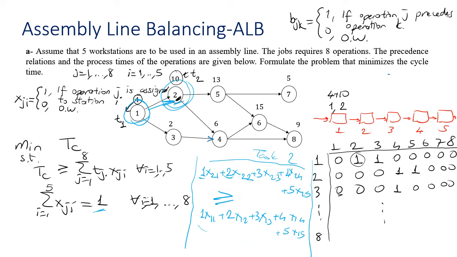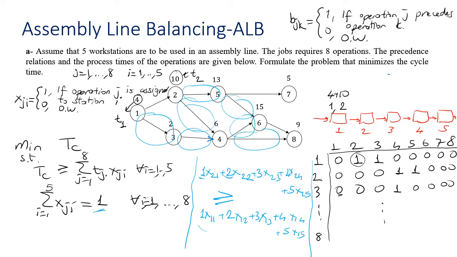So this is the precedence constraint. And I have written this constraint between 1 and 2. But I need to write this constraint also between 1 and 3, between 2 and 5, 2 and 4, 3 and 4. So for all these precedence relationships, I need to write this constraint.